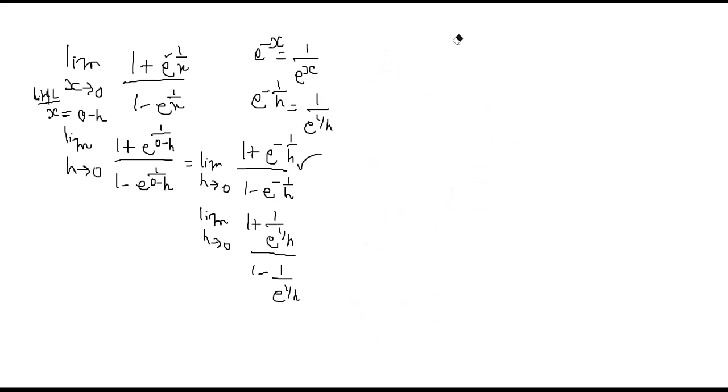Now tell me, if x tends to 0, it means h is equal to 0, so 1 by h equals 1 by 0, which is infinity.